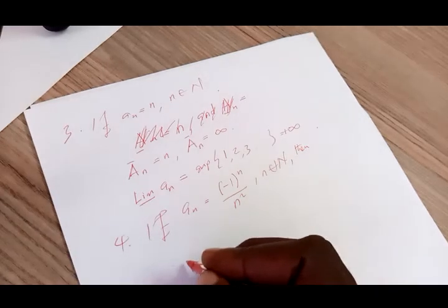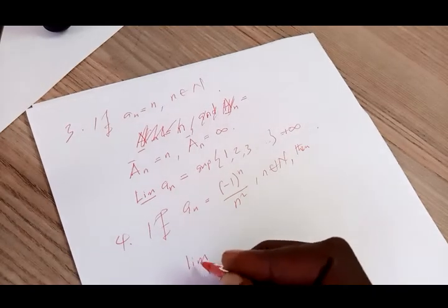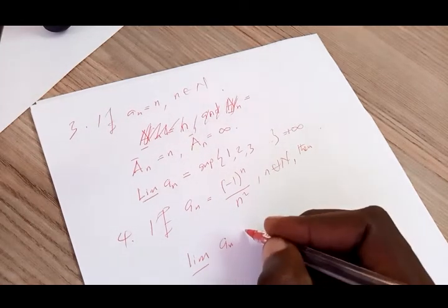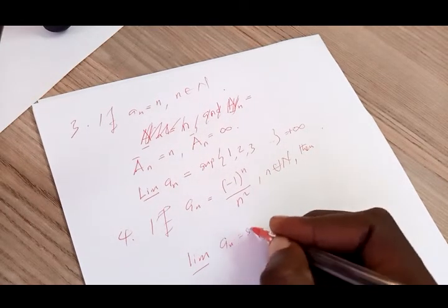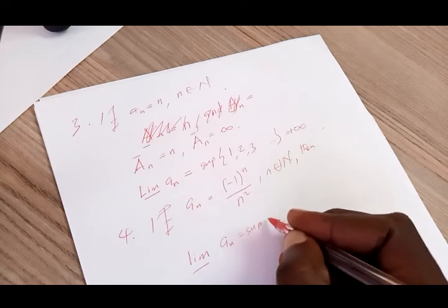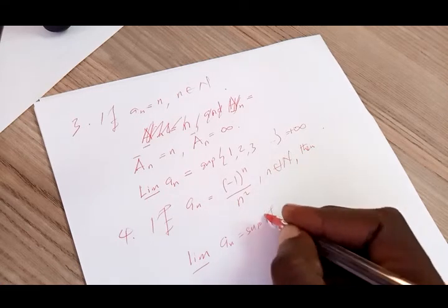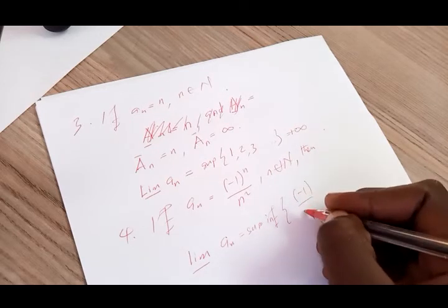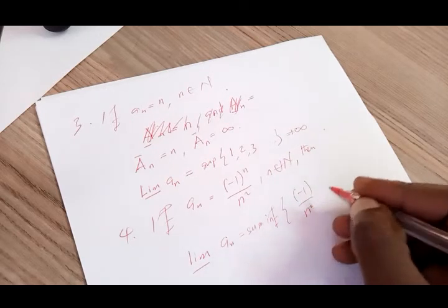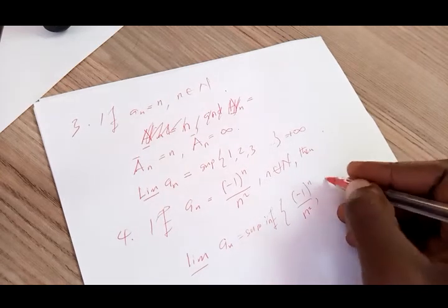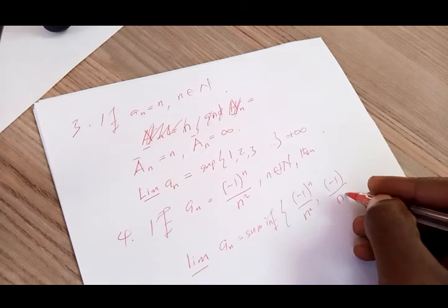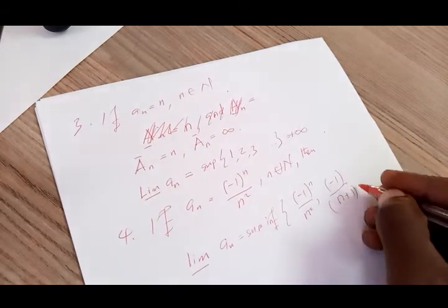So the limit superior of our sequence is going to be equal to the sup of the infimum of negative 1 to the power n over n squared, and the other one will be negative 1 to the power n plus 1 over n plus 1 squared.